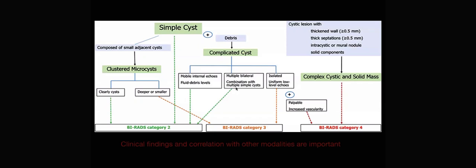And when we go to the complicated cyst, these are BI-RADS 2 unless they are isolated with uniform low-level echoes. Then this is BI-RADS 3. But if this finding is palpable, then this is BI-RADS 4. And any cystic lesion with the criteria that we mentioned will go as complex cystic and solid mass and prompts a biopsy.